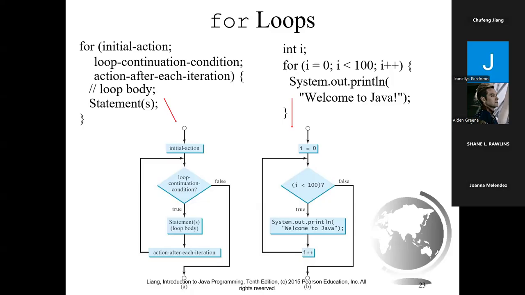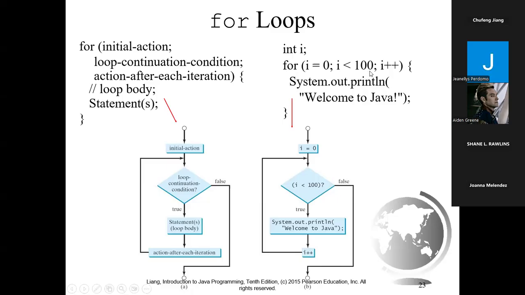In this case, we will execute System.out.println("Welcome to Java"), or you may write some other code there. Only when i is no longer smaller than 100 will the for loop be terminated. And the last part after the semicolon in the for head is the action after each iteration, which maps to i++ on the right-hand side.